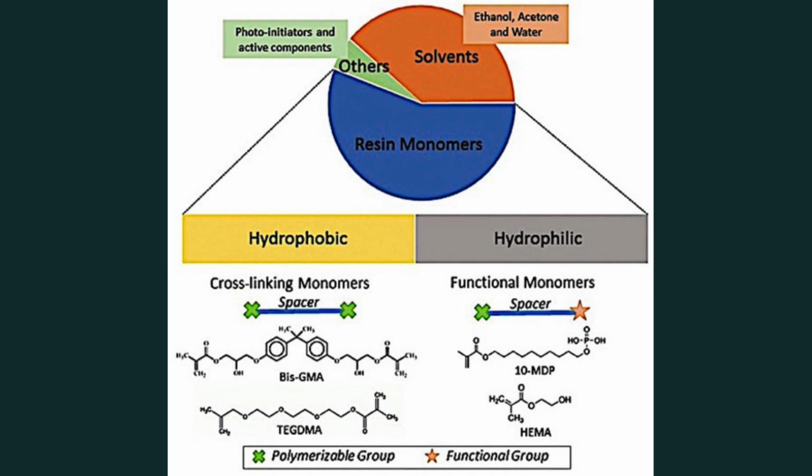Hydrophilic components enhance wetting and penetration into the moist dentin substrate. Hydrophobic components copolymerize with restorative resin materials, creating a stable interface. This dual functionality enables adhesives to interact effectively with both mineralized dental tissue and polymer-based restorative materials.